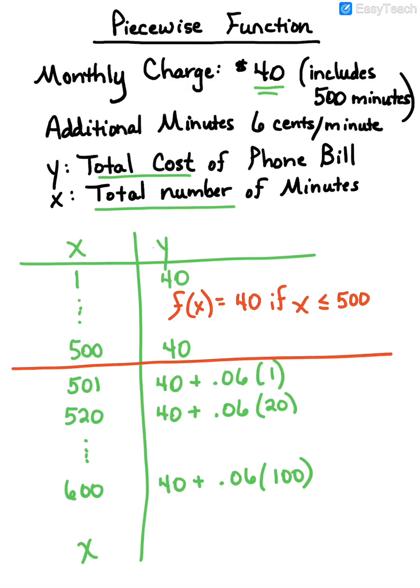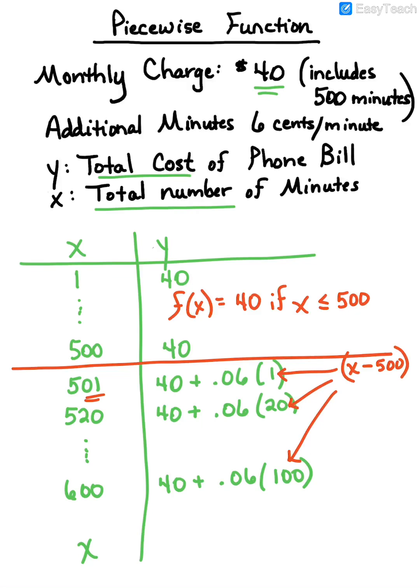So what you have to ask yourself is, how can we represent these numbers that we know we have to multiply by in terms of a statement related to x? So the minute I went 1 minute above, if I look at my x, what I actually did is I took that value of 501 and I took away the first 500 minutes.